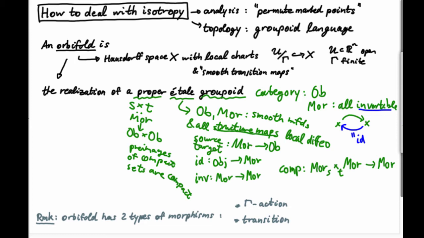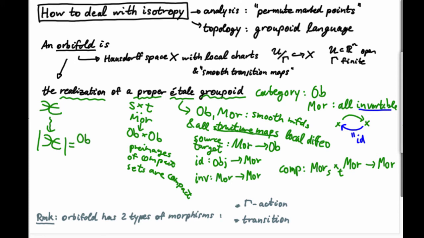Right. So that's all a lot of complicated language. Let me give you the last piece of language, and then we'll actually see how orbifolds have anything to do with groupoids. So the realization now: if I have a category X, it has a topological realization, well, if I have a topological category, which this is, because the object space at least is a topological space.